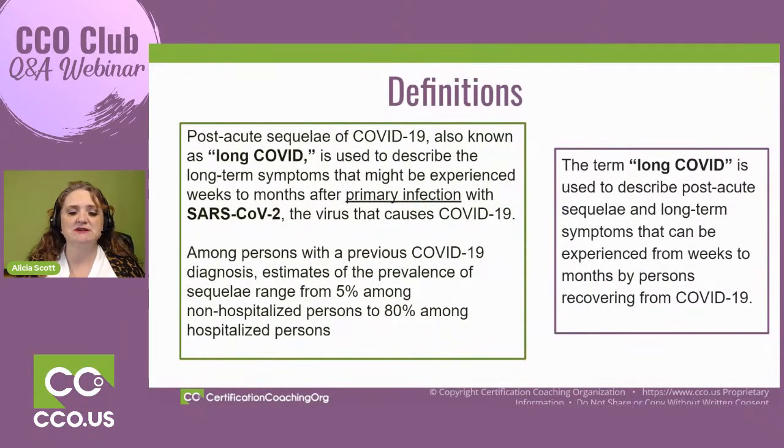So let's look at some other definitions. When people start having complications of COVID-19 over an extended period of time, they started coining this phrase called long COVID. Now, there's some other terms that they use, but this is the one that seems to be sticking. And so I suspect you're going to see this in the documentation if you aren't already seeing it, and then seeing it in the future.